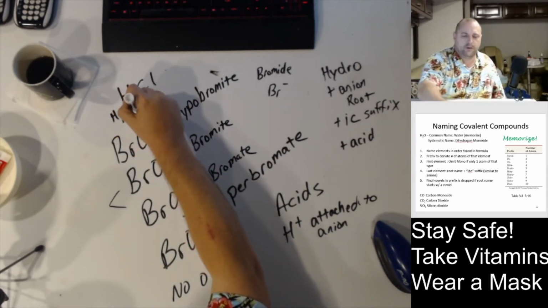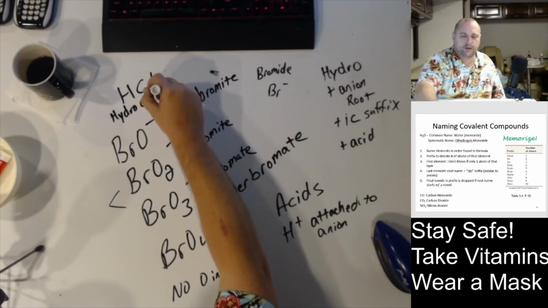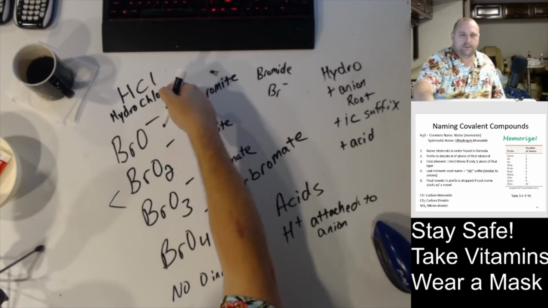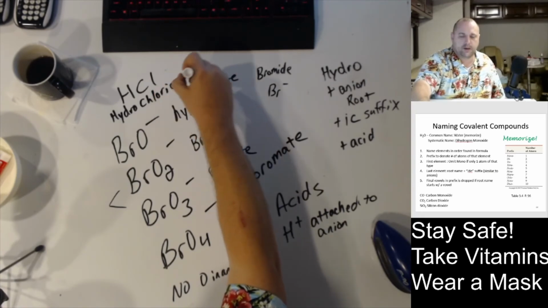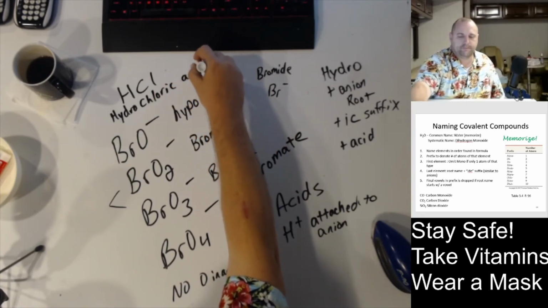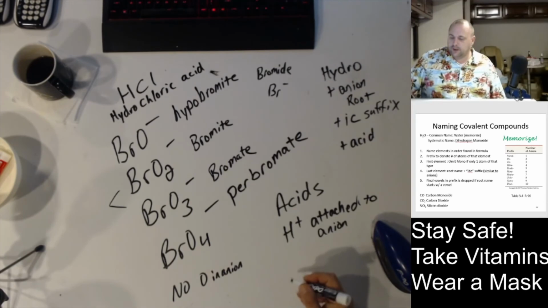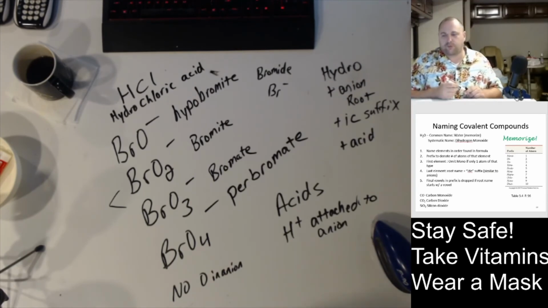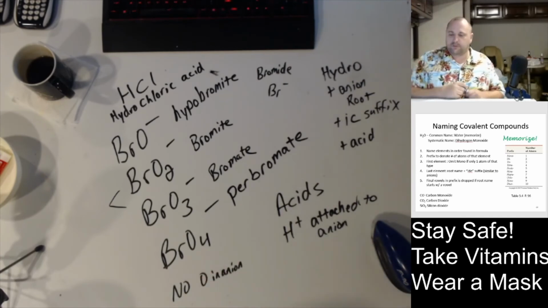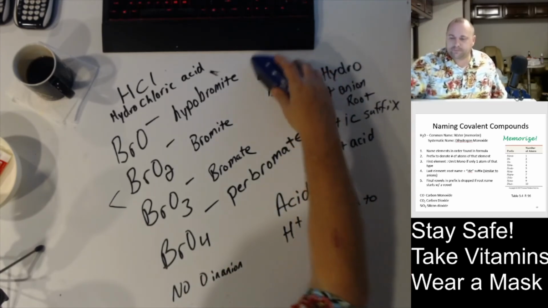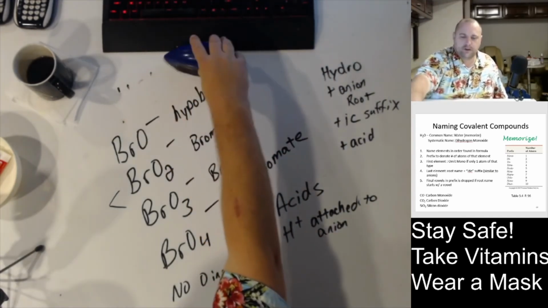Hydrochlorine. We'll drop the ine, right? And then it's going to be ic, and then the word acid. Hydrochloric acid. HBr would be hydrobromic acid. So we take the ide and it becomes hydrobromic acid. So these aren't too bad.